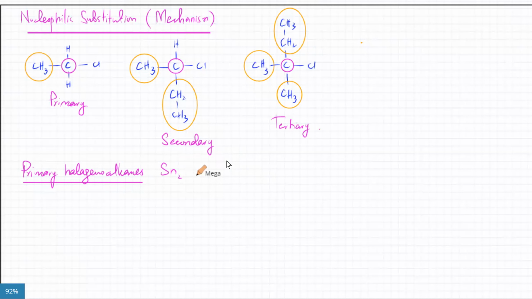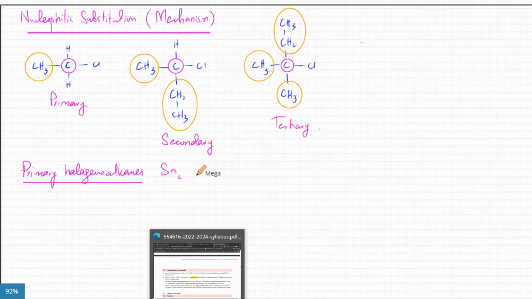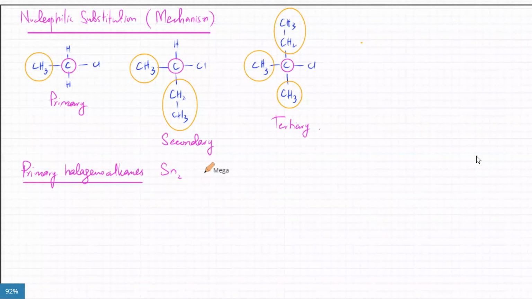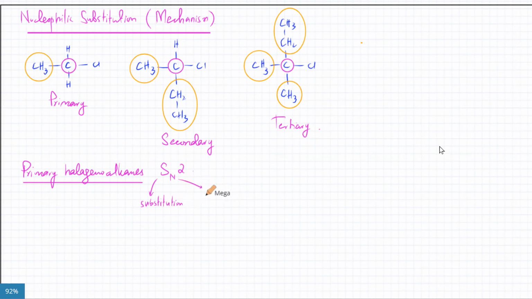So it's an SN2 mechanism. Let's write it in that order: S, N and 2. So SN2 mechanism. And remember, S stands for substitution and N stands for nucleophilic.